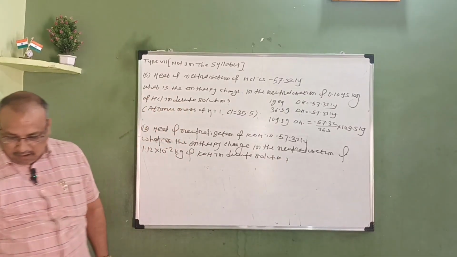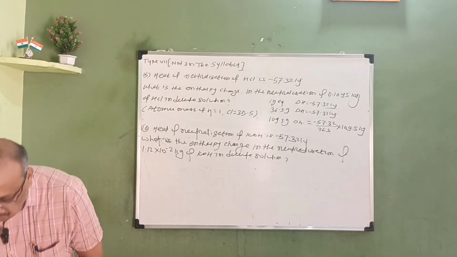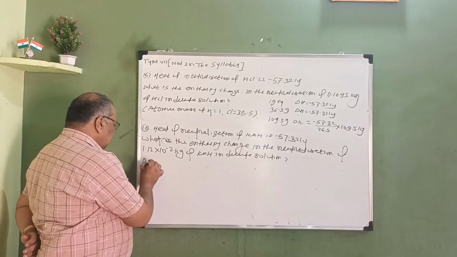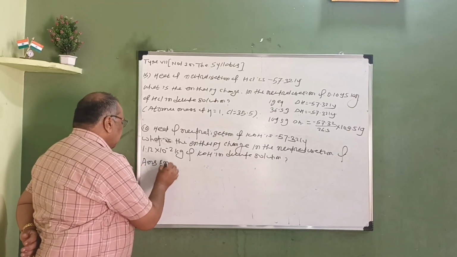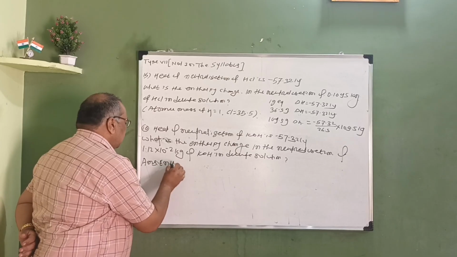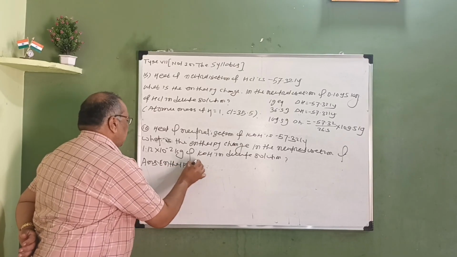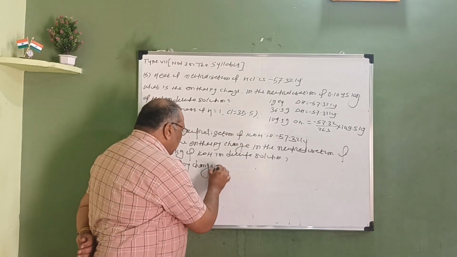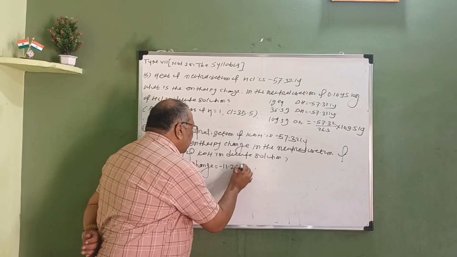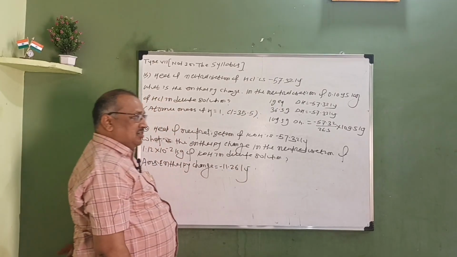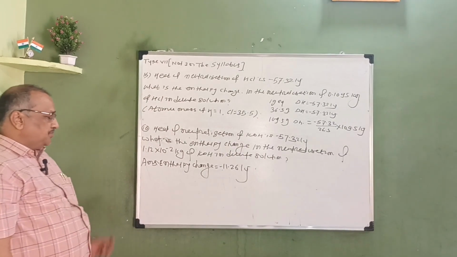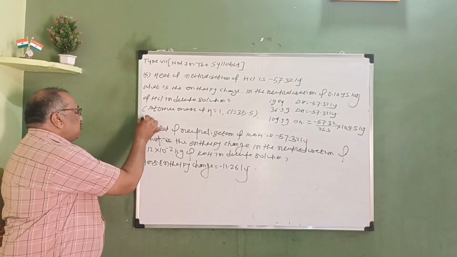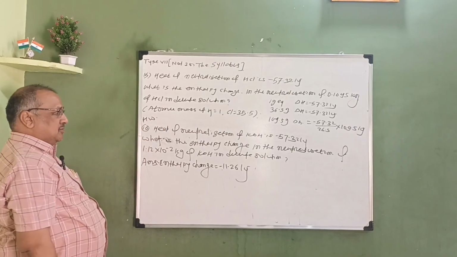Now here enthalpy change equal to minus 11.26 kilojoule. Now try to solve this numerical in your home. That means this is for homework.